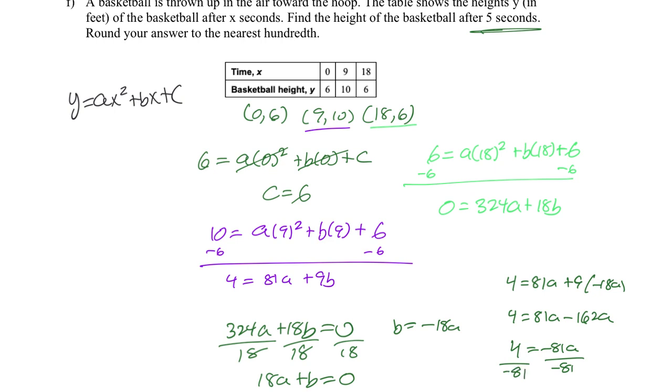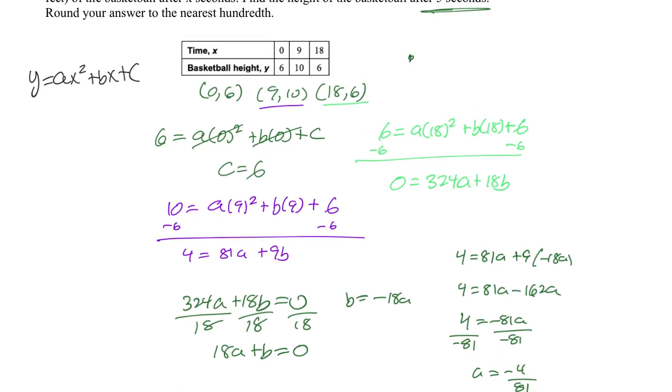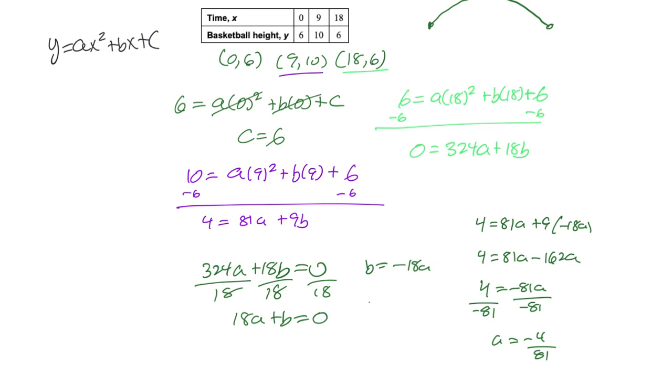We know that a has to be negative because if I throw the ball, the ball is going to go up to the maximum and come down. For now I need to find b. So I'm going to plug that in here: negative 18 times negative 4 over 81.